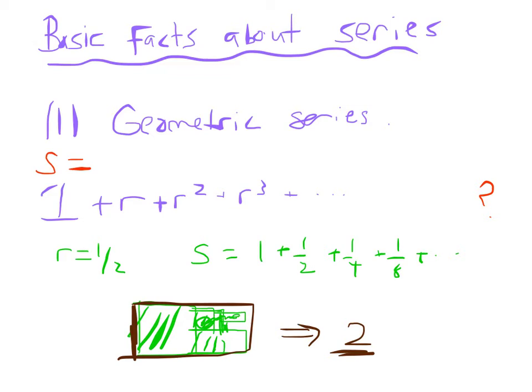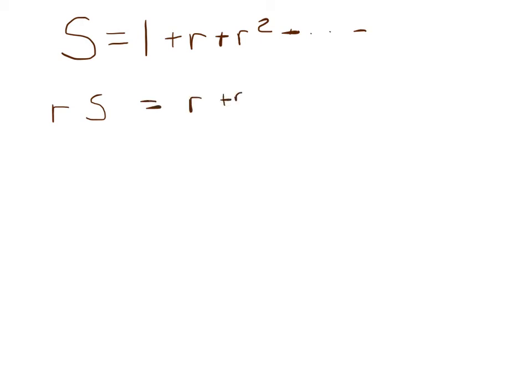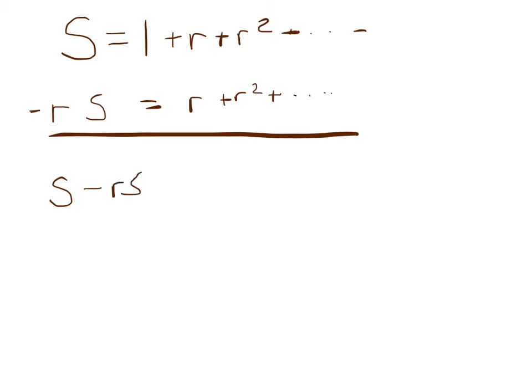So how can we see that that's actually the case? The way to do that is the following. If I write that S is equal to 1 plus r plus r squared plus ..., then I do a simple algebraic manipulation. I consider the quantity r times S, which is r plus r squared plus ... If I then subtract the two, I get S minus rS on the left side, and on the right side, the r cancels, the r squared cancels, and so on and so forth.